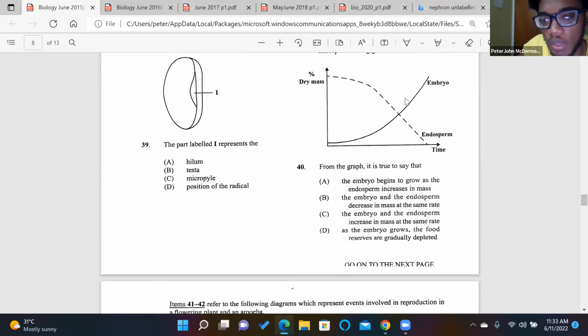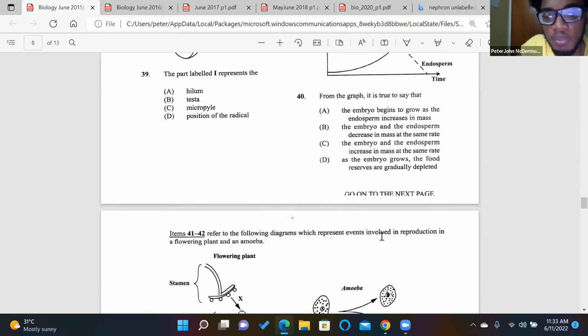I would say the embryo begins to grow as the endosperm decreases in mass. So let's look at that. D. Embryo grows, the food reserves are gradually depleted.